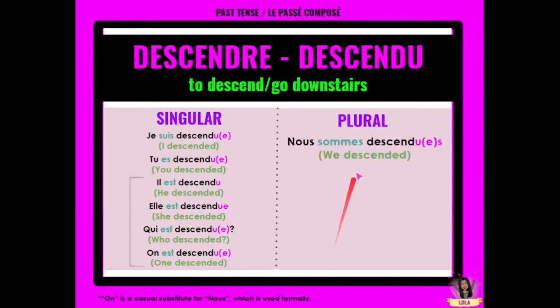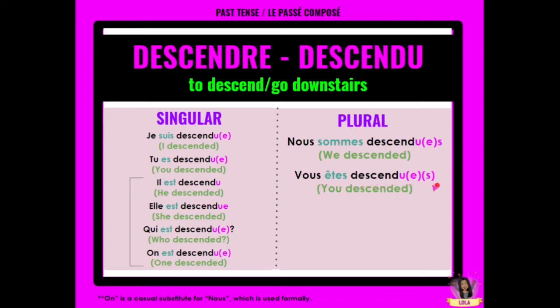On the plural side, we have nous sommes descendus. Now that's for sure there, the S, but the E is only there in case it's a bunch of girls that have descended. Vous êtes descendus. Again, both are in brackets because if you remember from what I've taught before, when you use vous, that can mean one person, even though it's in the plural side.